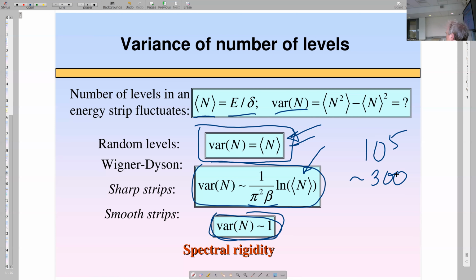Now, suppose you're given a task to make sure that this fluctuation is about 1. So how to achieve it practically? Perhaps you're more creative.